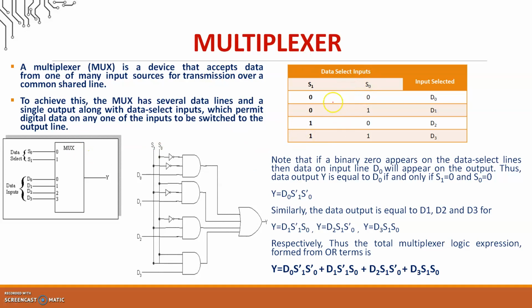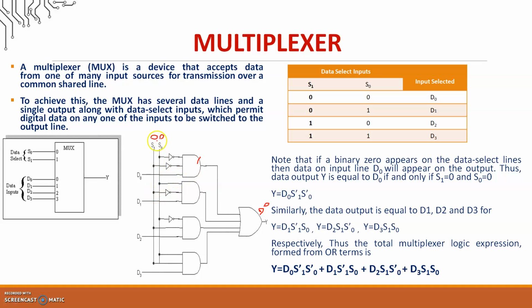For example, if the select value is 0, 0, D0 will be selected. If the input is 0, 1, D1 will be selected. If it is 1, 0, the input selection is D2. If it is 1, 1, the input selection is D3.